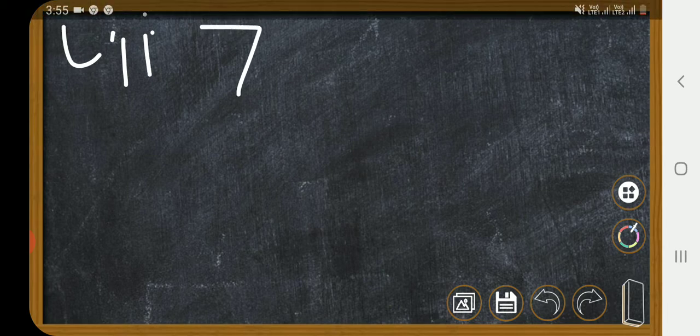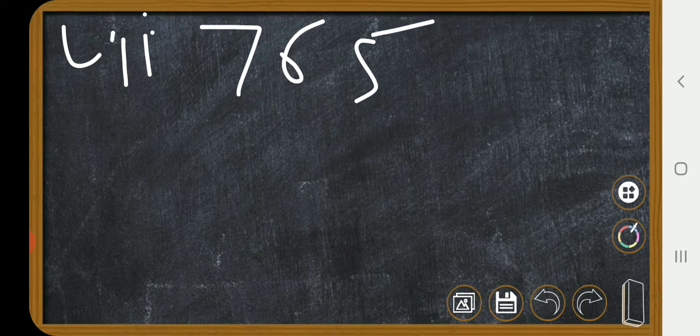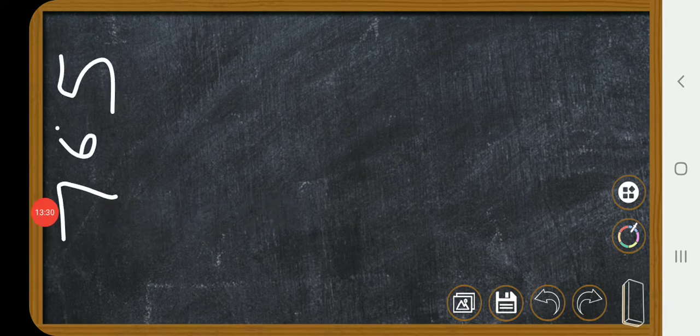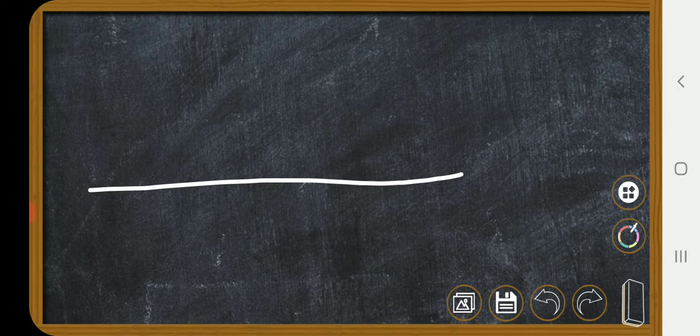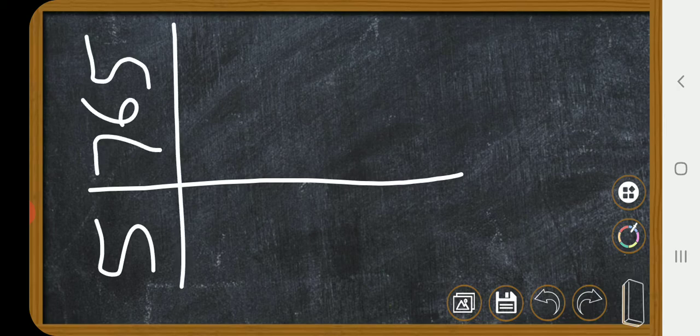Now I'll solve this seventh one, which is 765 for you. I have already told you which is divisible by 5. 765, the number at the unit place is 5, so it is divisible by 5.